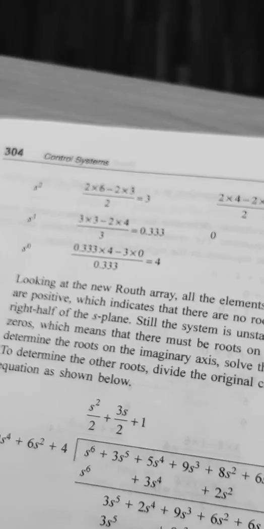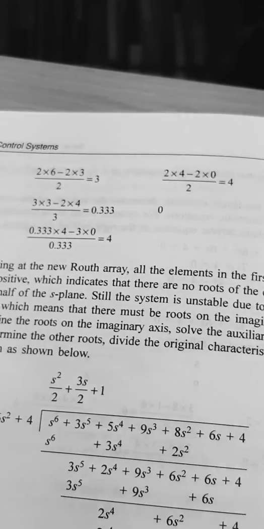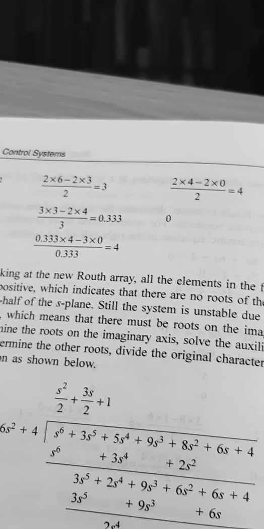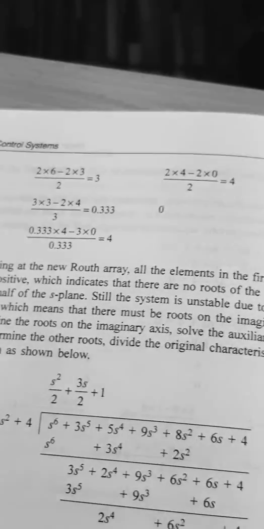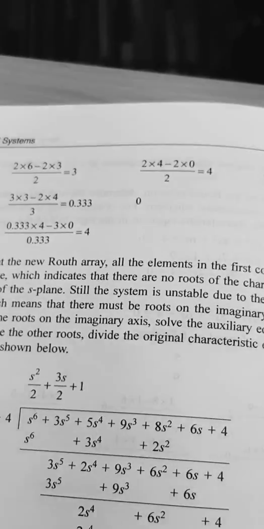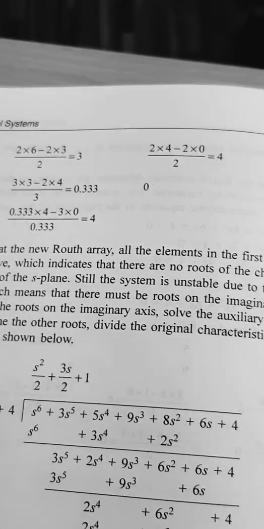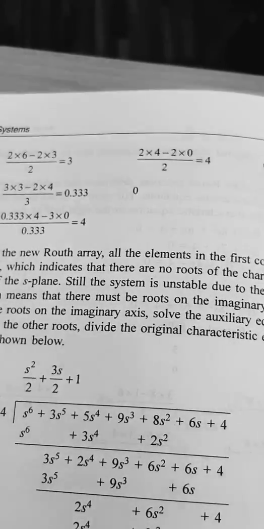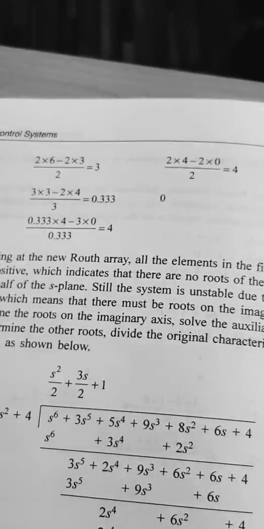Now when you are looking into the Routh array, you can see that all elements in the first column of the Routh array are positive. That indicates that there are no roots of the characteristic equation in the right half of S plane, but still the system is unstable, which means that there are roots on the imaginary axis of the S plane.